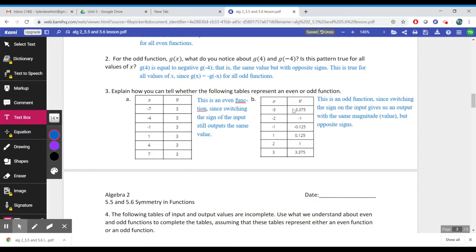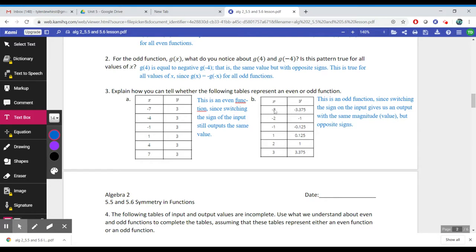So for part B, I said that this is an odd function, since switching the sign on the input gives us an output with the same magnitude. And all I mean by that word magnitude is how big the number is, disregarding whether it's positive or negative, but opposite signs. So if we look at when our input is negative 3, we get negative 3.37.